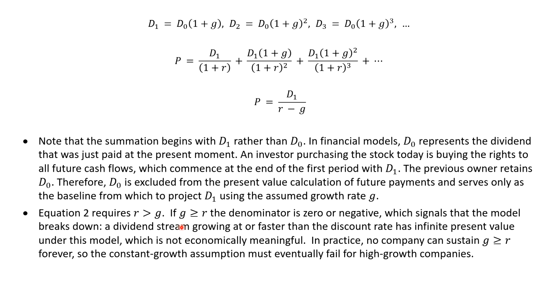So if G is greater than or equal to R, the denominator is 0, which of course we don't want, or negative, which signals that the model breaks down, right? We don't have stocks selling at a negative price, so R needs to be bigger than G. And as I mentioned on the previous slide, just to emphasize the point, G could be negative, so that's also a possibility.